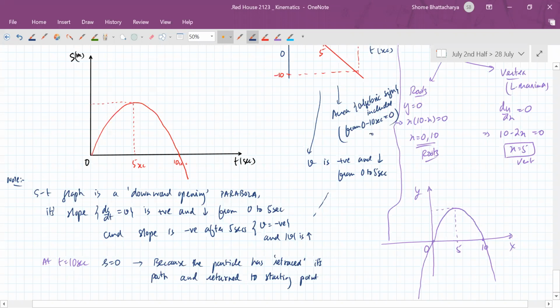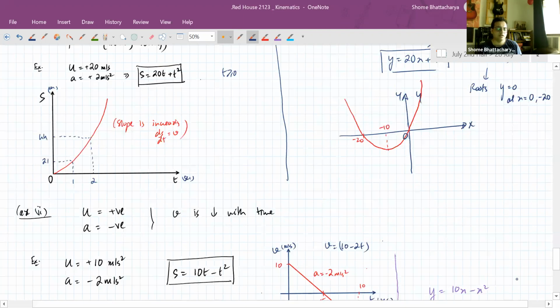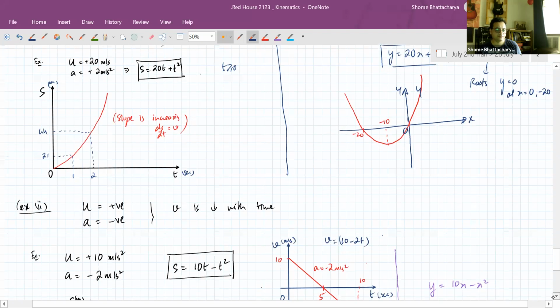So the displacement from 0 to 10 seconds is 0. So this is about the two types of displacement time graphs that we get, depending on whether u and a have the same sign or u and a have opposite sign.